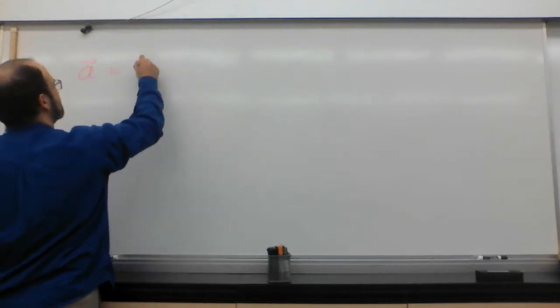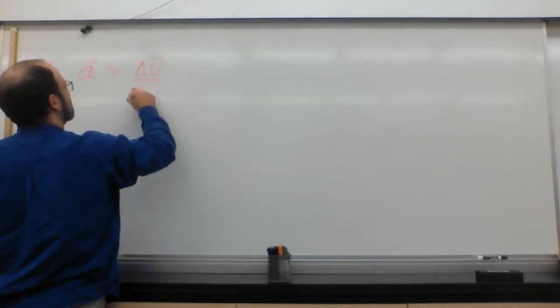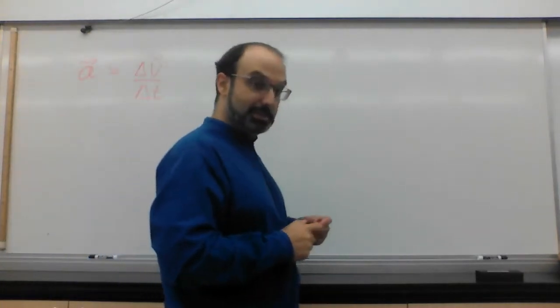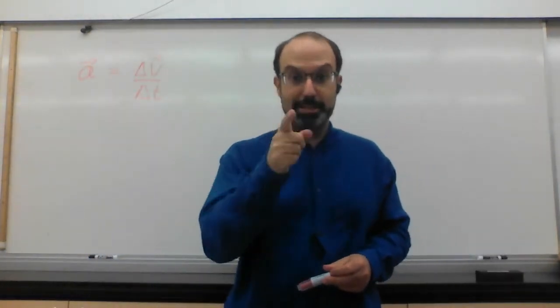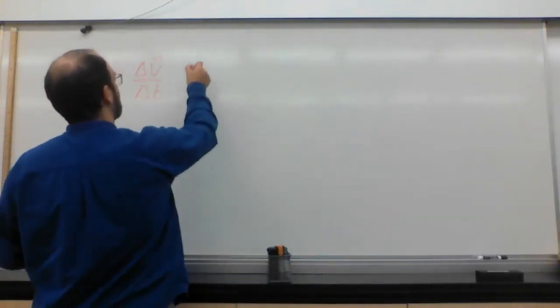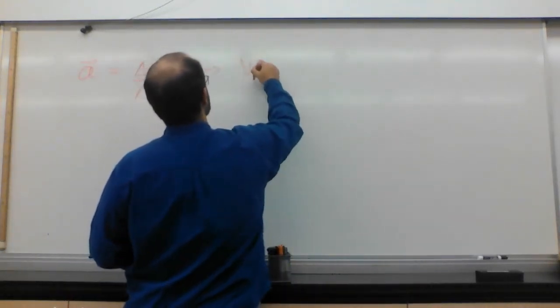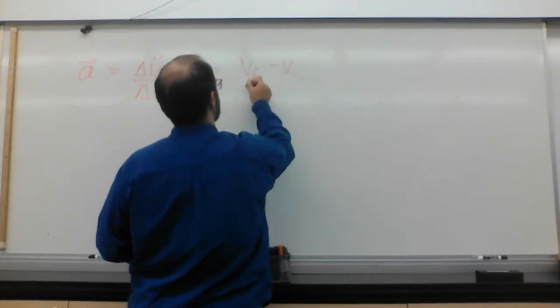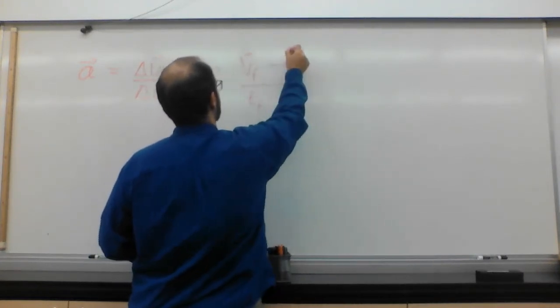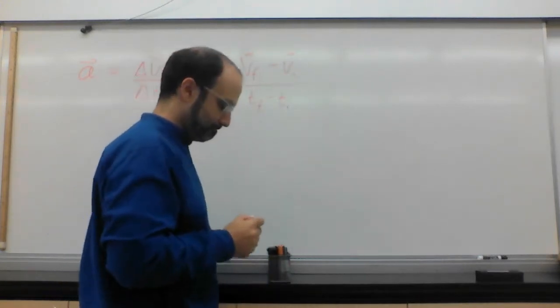A equals delta V over delta T. Now remember, delta V, delta T, the delta symbol, the triangle, means something. This whole formula can be rewritten as Vf minus Vi over Tf minus Ti. And these, of course, are vectors, and those are scalars.